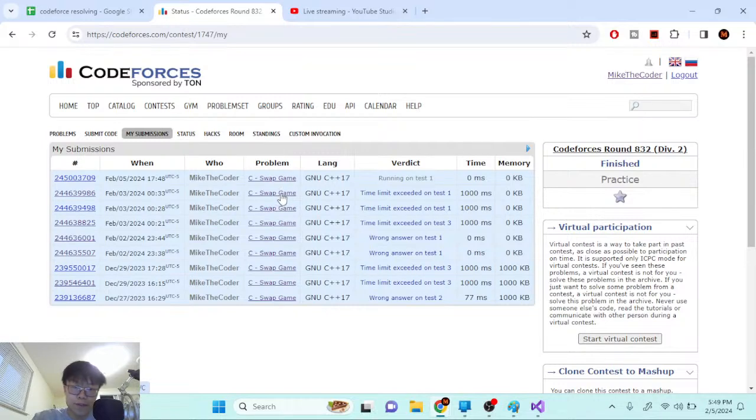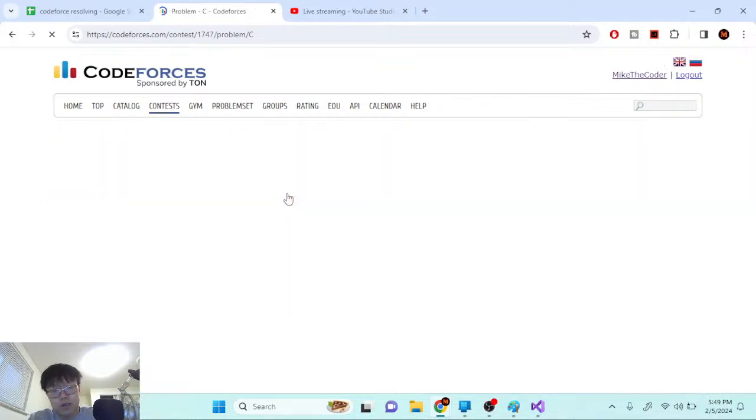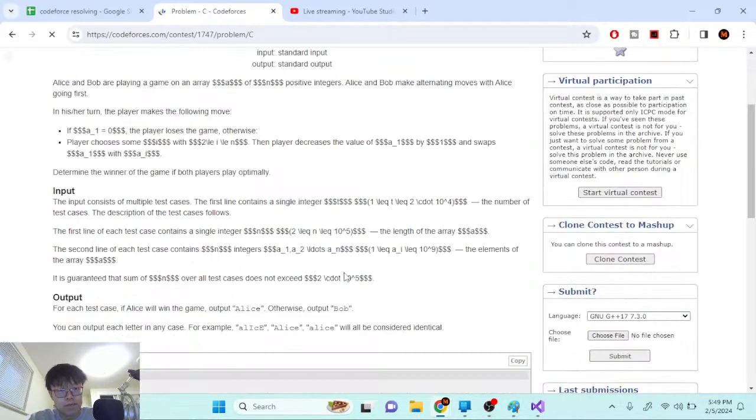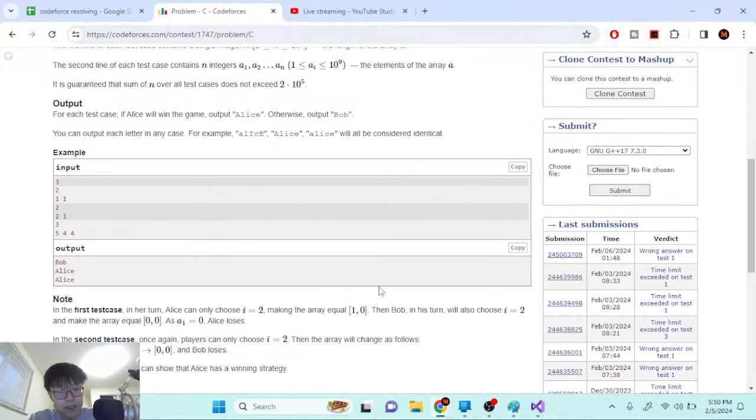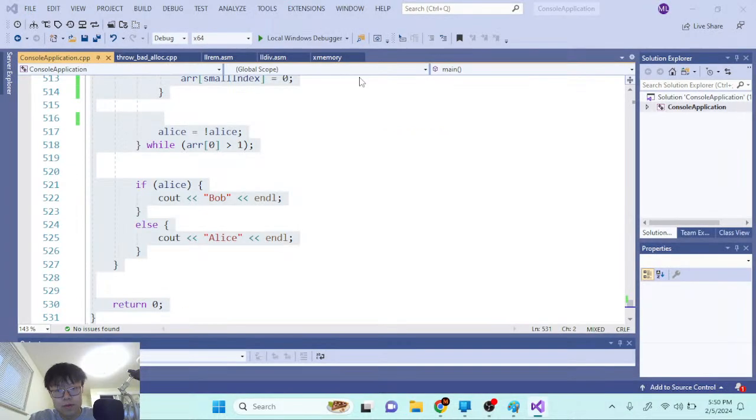All right, so I'm still thinking it gets TLE. Either TLE or it gets it wrong. But let's see. Okay, so let's go back to 211. So let's run this on 211.